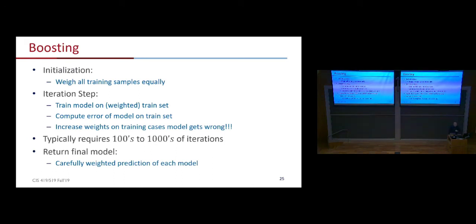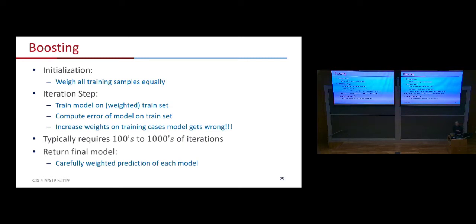What did we see in boosting? We start by initializing all the training samples equally. We train a model. We compute the error of the model on the training set, and we increase the weight of the training cases that the model gets wrong.